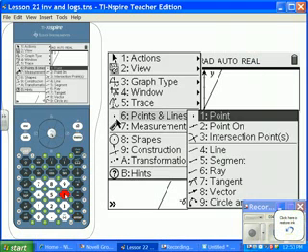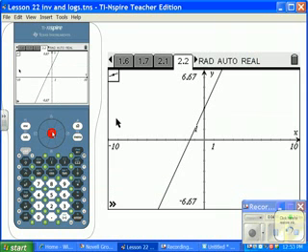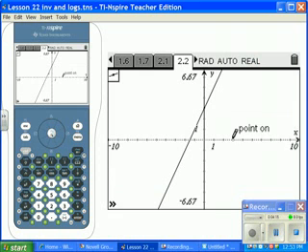I'm going to go menu, points and lines, point on. The inverse was 3, 0, so we're going to put a nice point on 3, 0. Once we click the point, we hit enter so that it holds. Our next point is negative 1.5 here. Click enter so that it holds. Since we no longer need that tool, we're going to hit escape to get rid of it.